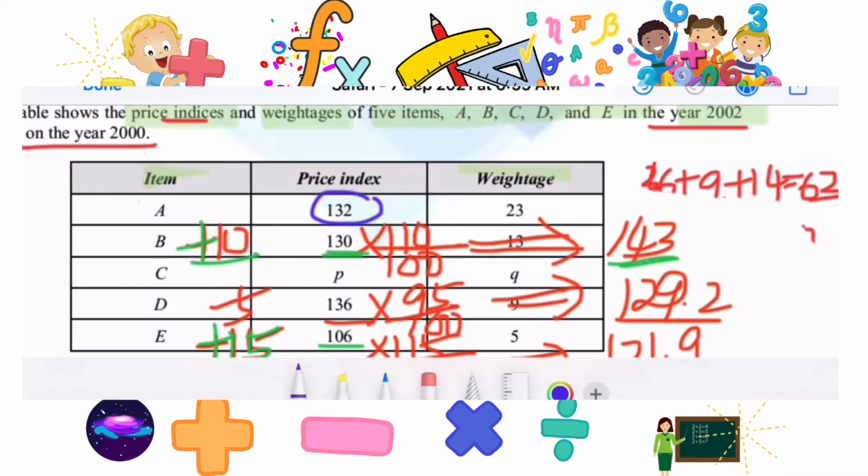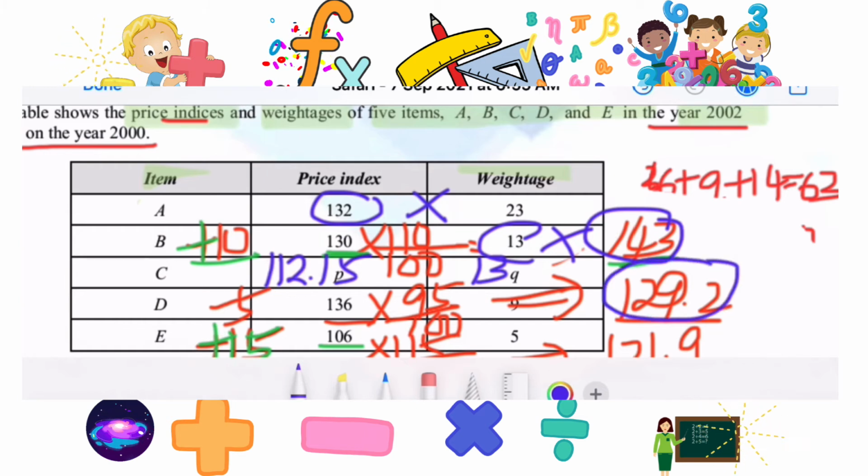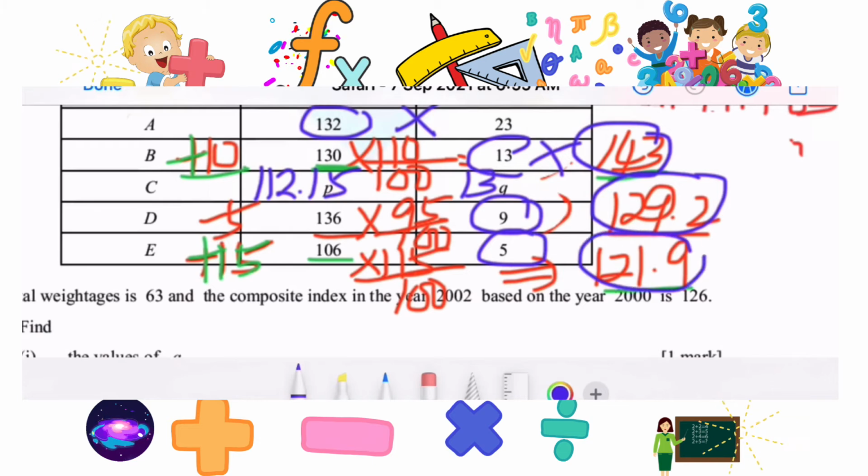We have the P, which is, alright, let's multiply 132 with 23, 143 with the 13, and then we will multiply 112.15 with 13, and then we will multiply 129.2 with 9, here is a weightage, and then finally we will take 5 times the 121.9.